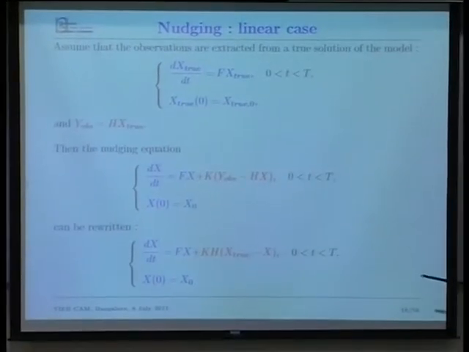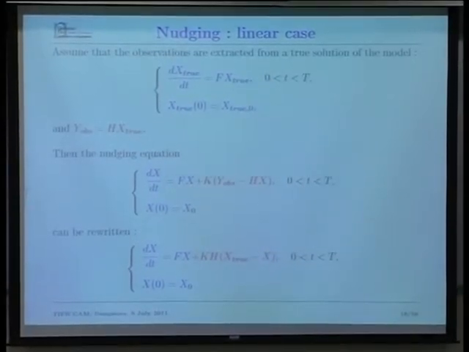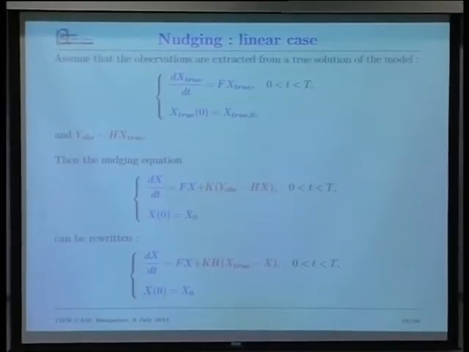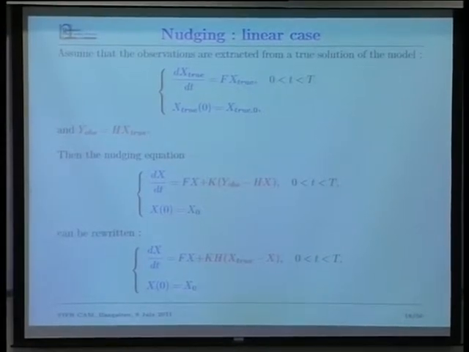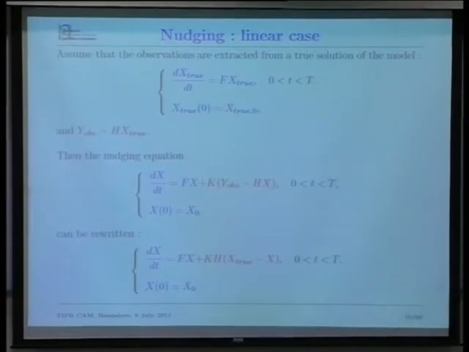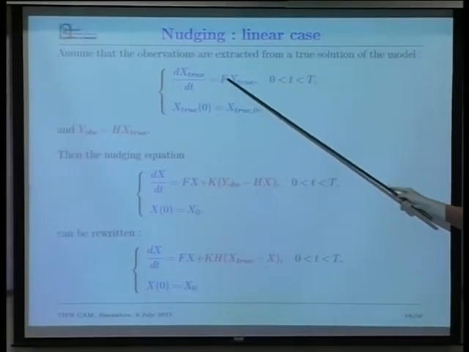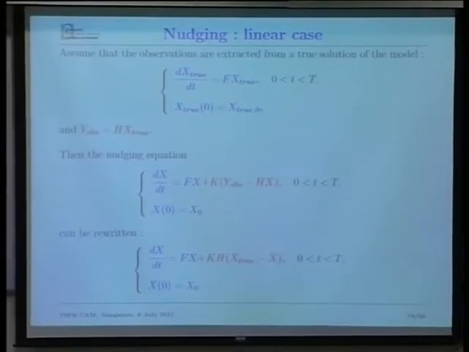So let's assume that the observations are extracted from a reference solution, a true solution. We assume that the true state is known. Of course, it's never the case, but anyway. We assume that the model is perfect also, and we have a solution of the model, X true, with the true initial condition.